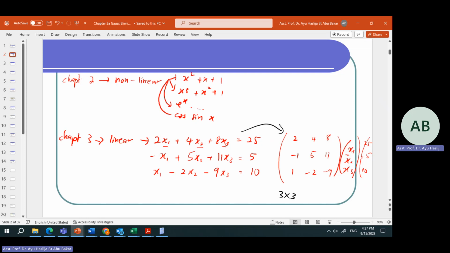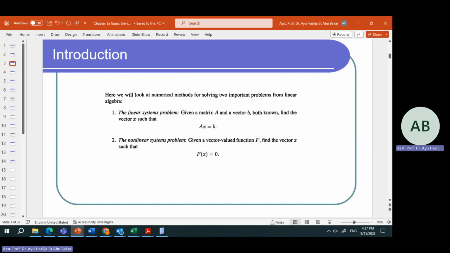The method for Gauss elimination is the same, regardless of the matrix, 2 by 2, 3 by 3, or 4 by 4. But usually the question will ask related to a 3 by 3 matrix. Now I will just introduce you the slide first. Later we will do the exercise so that you can understand further.